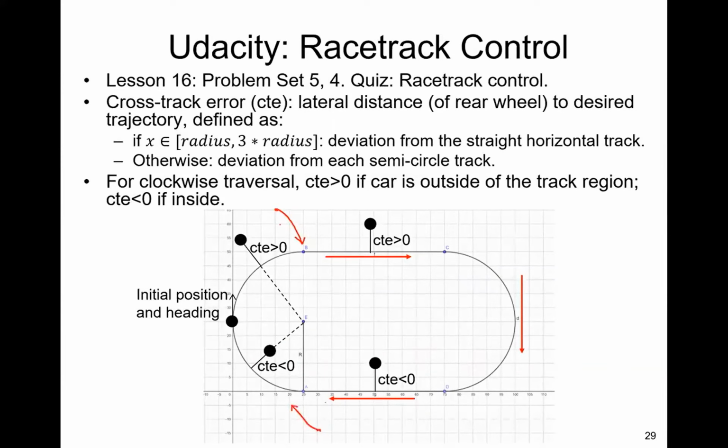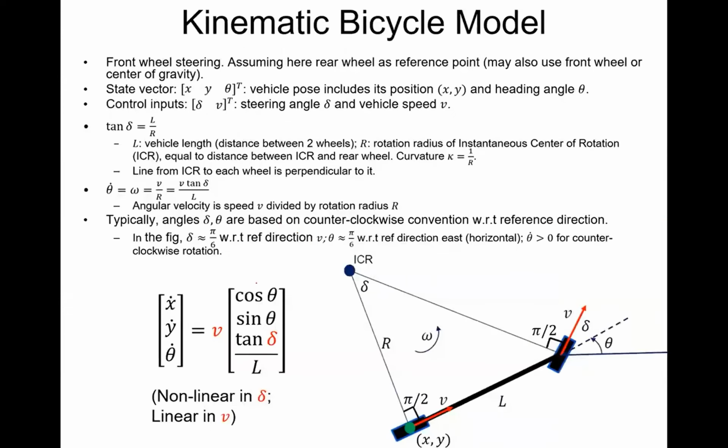In both cases, if you're outside the track, then you should decrease the steering wheel angle. And then what does it mean to decrease the steering wheel angle? Remember that the angles are defined based on counterclockwise convention.